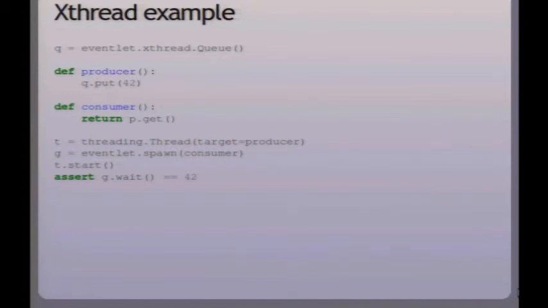Same as in the T-pool module really, you don't want to accidentally start a hub in a place where you didn't want to start a hub, because then things might start to behave slightly differently. Yeah, so that's kind of Xthread. Usage is very easy.